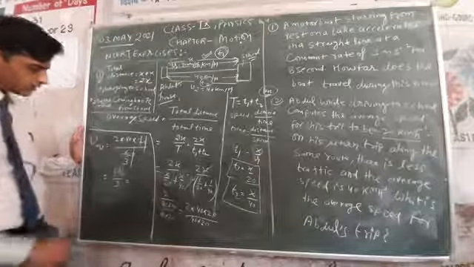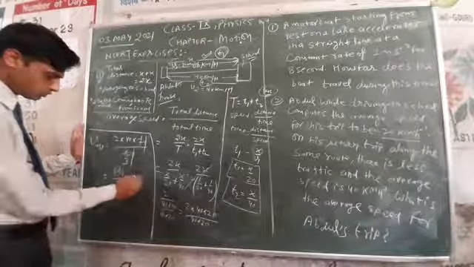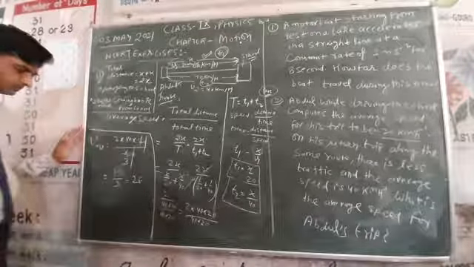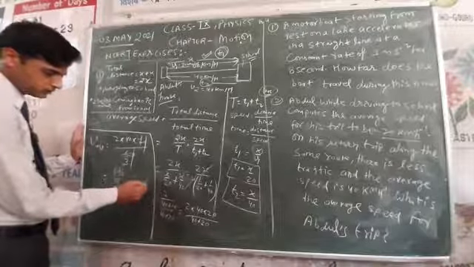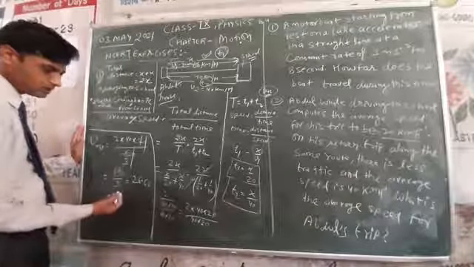When you divide 80 by 3, it becomes 26.66.